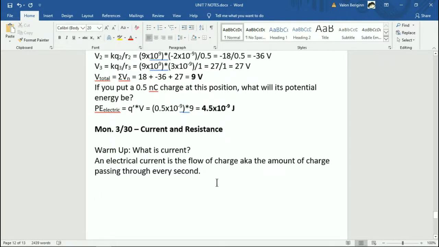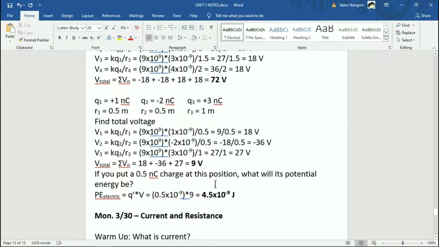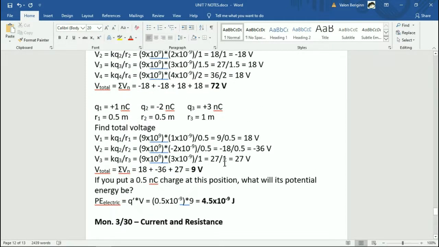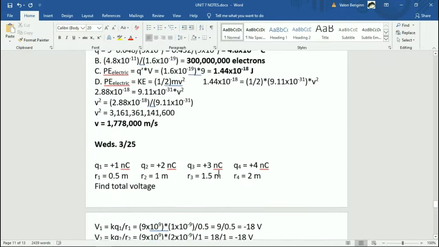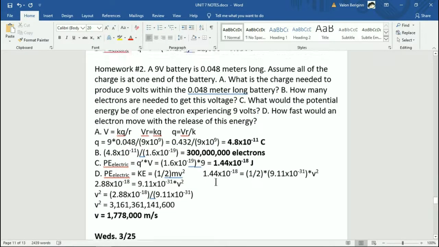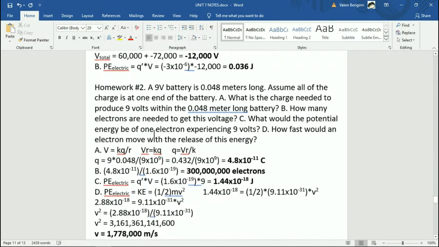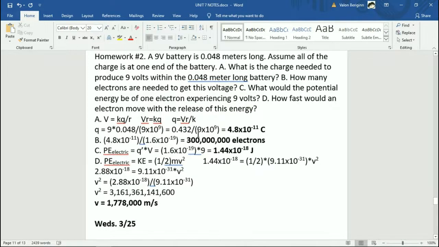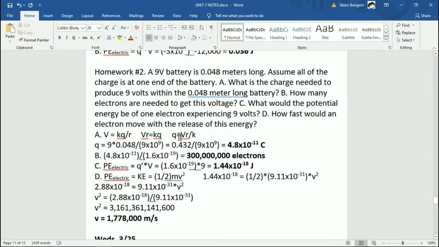Now we have a mechanism for that because we've talked about voltage and potential energy. So for example, this question that we had for homework a bit ago. It was involving calculating the charge in a battery, and then here's the potential energy inside of a battery. And so those electrons in the battery are given an energy which then causes them to move, right? And we have this speed at which the electrons are moving.